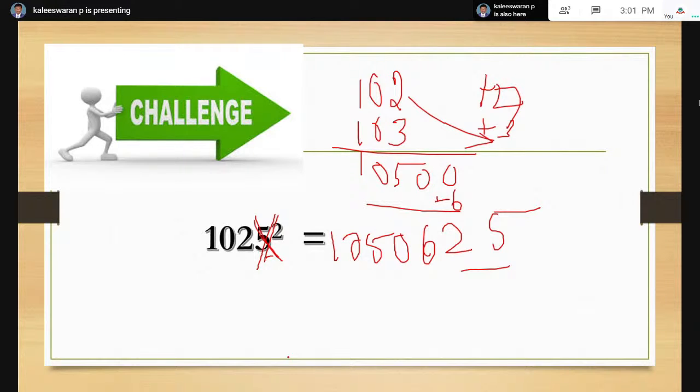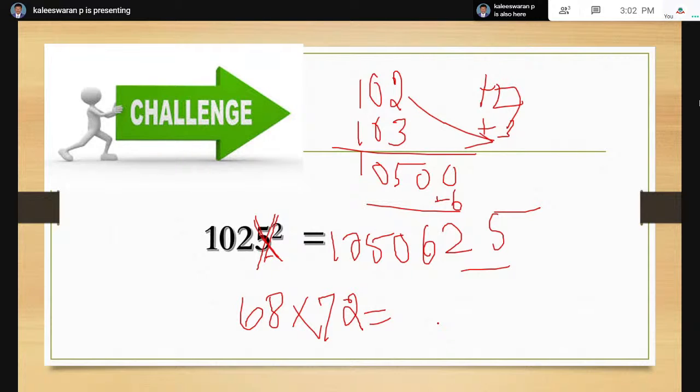Now, what is 68 into 72? Which method can we use here? Yes, we can use the a plus b into a minus b method. 68 we can write as 70 minus 2, and 72 is 70 plus 2.